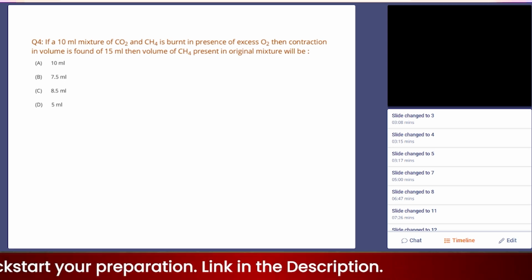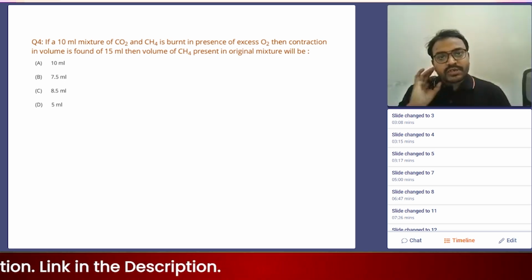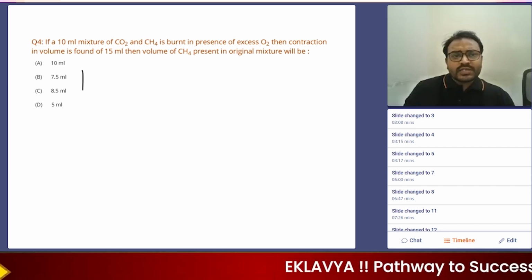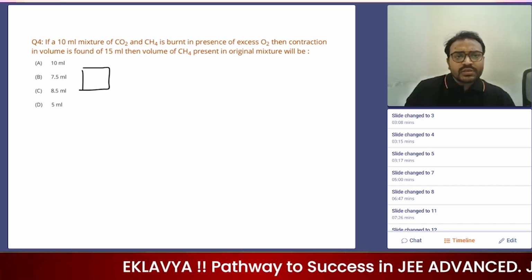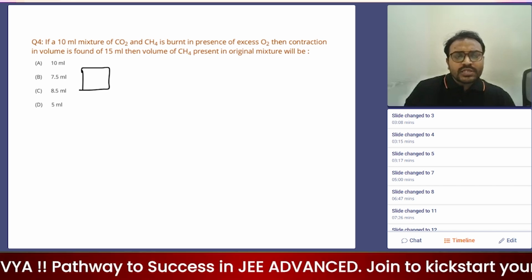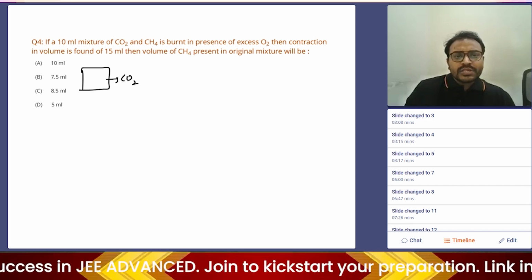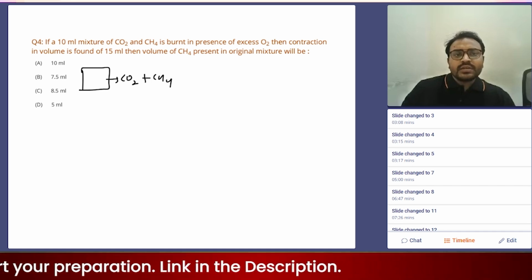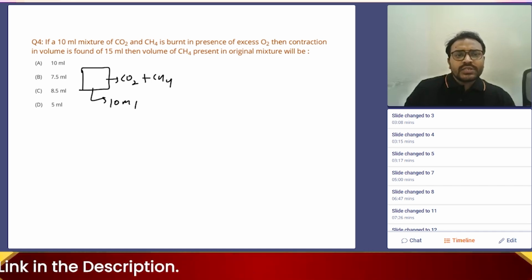The question is, if 10 ml of a mixture of CO2 and CH4 is burnt in the presence of excess O2. So there is a mixture given, with CO2 present plus CH4 present, and this mixture is 10 ml.